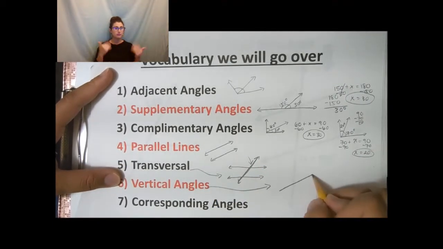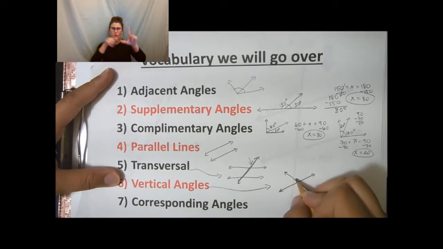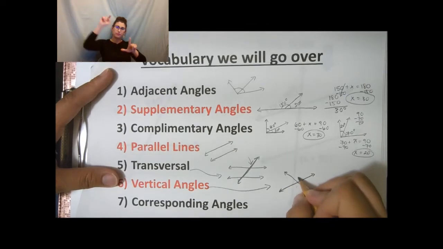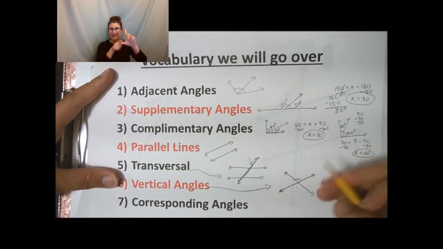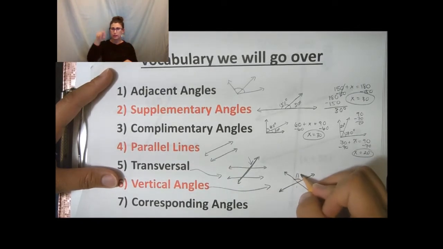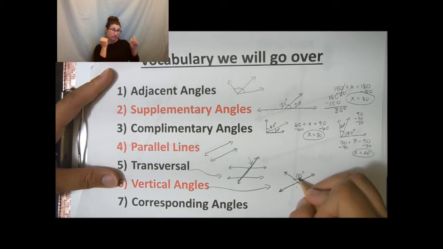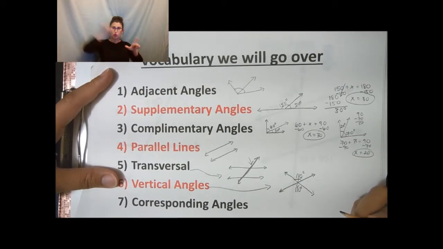Vertical angles are two angles that are across from one another, also called like kissing angles. When they're across from one another, they are the same degree measurement. So if this is 110, the angle directly across is also 110. Okay.